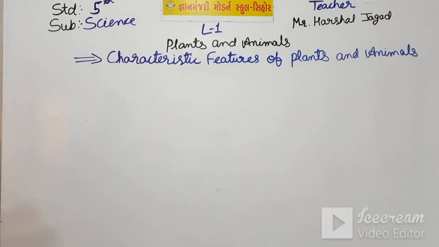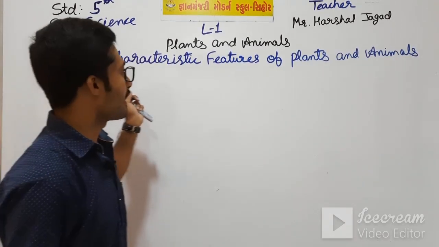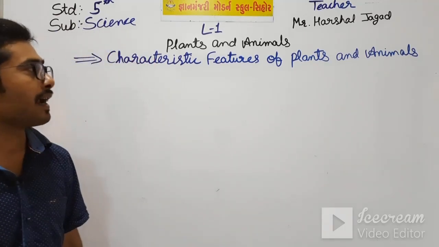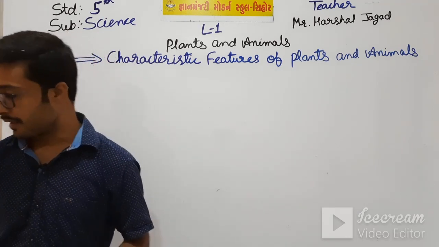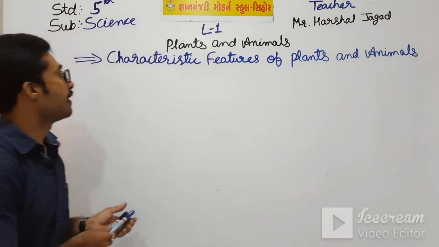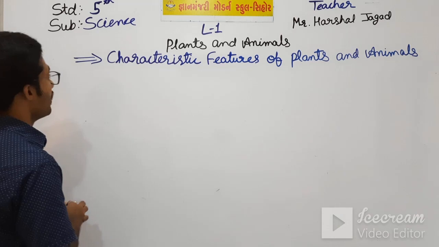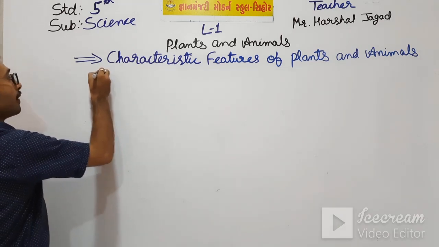So, now we will start the first topic, that is characteristic features of plants and animals. In that, the first subtopic is the common features of plants and animals. So first we have to see the common features.